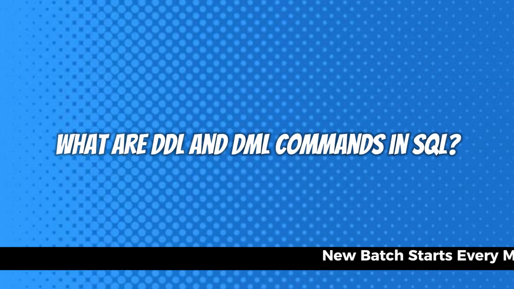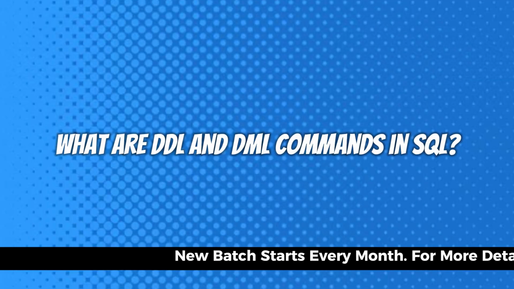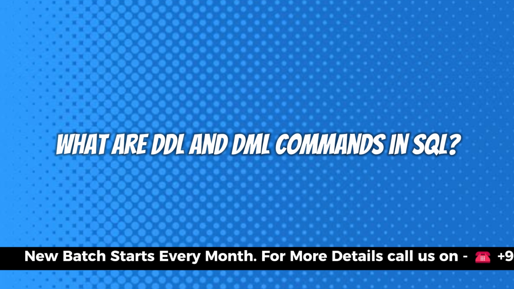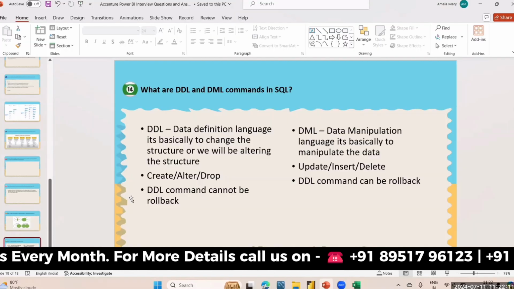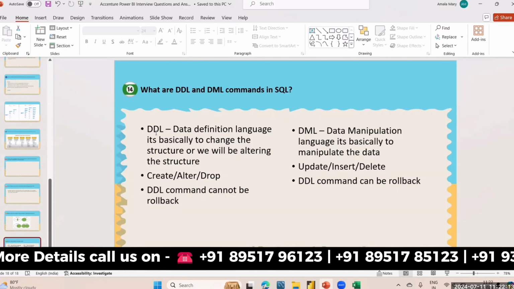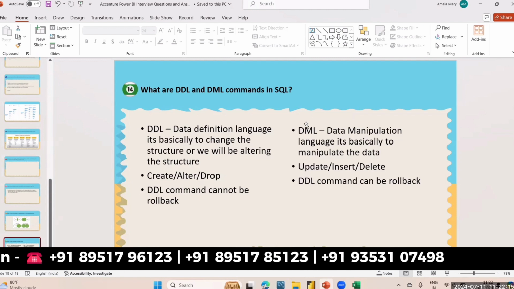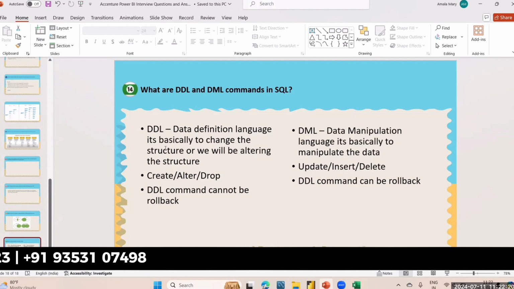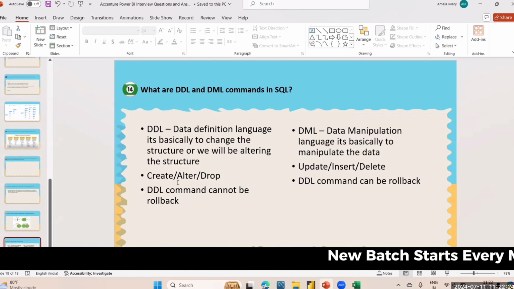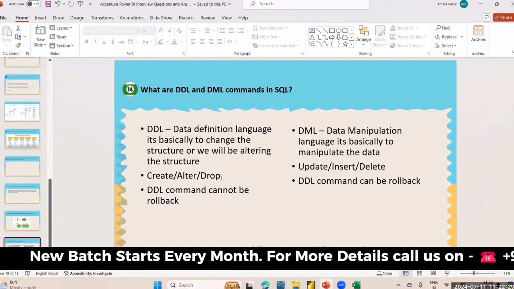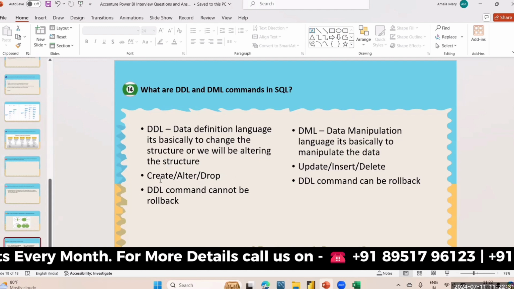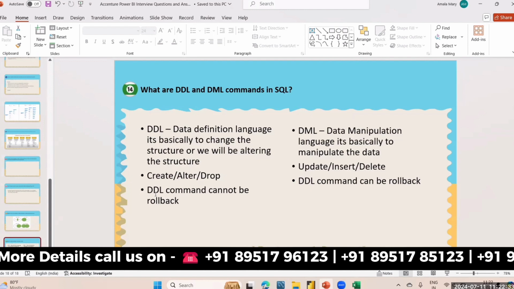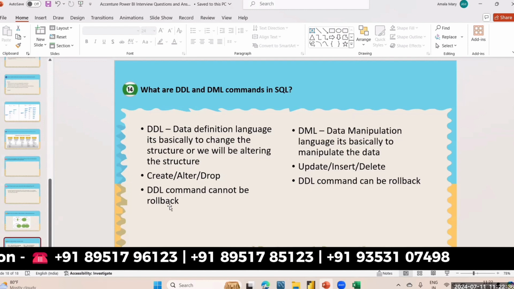The next question is, what are DDL and DML commands in SQL? We can explain these three points for DDL and these three points for DML. DDL is Data Definition Language. It is basically used to change the structure, or we will be altering the structure. We can mention the commands as well: create, alter, drop. In DDL we will be using these commands, and a DDL command cannot be rolled back.